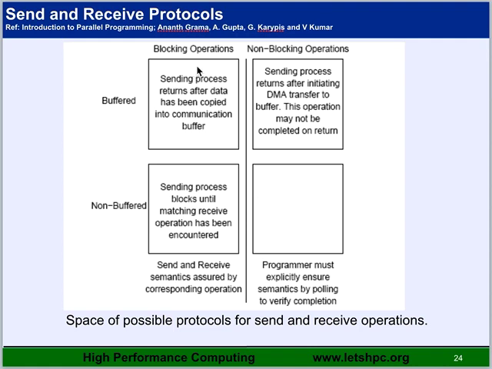There are two options: one is blocking and the second is non-blocking. And corresponding to each of these options, you have two options: buffered and non-buffered. So the first combination is buffered blocking, the second is buffered non-blocking, the third is non-buffered blocking, and the fourth is non-buffered non-blocking.